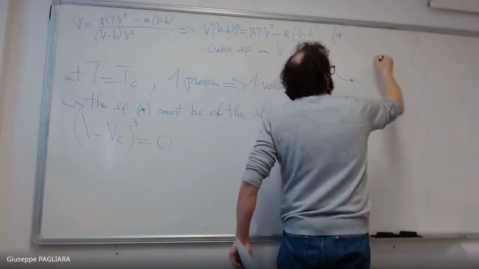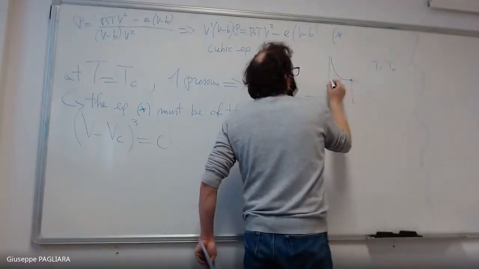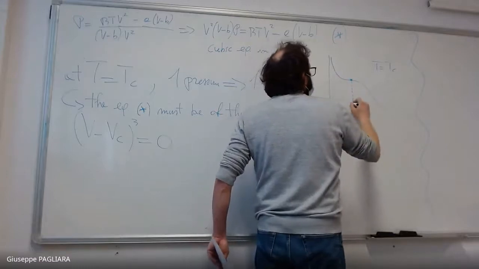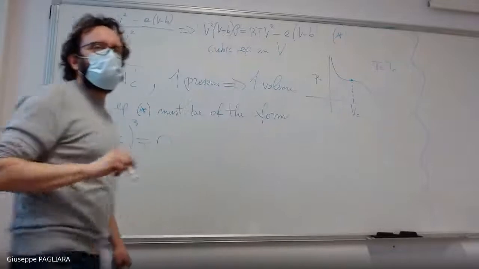Here we have T equal to Tc, so this we call Vc, and this we call Pc. Okay?